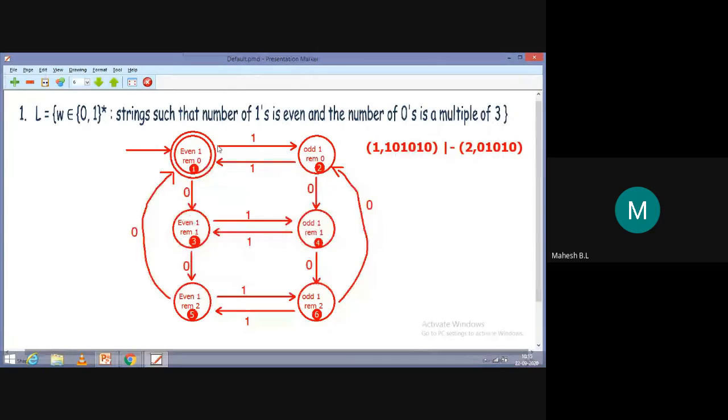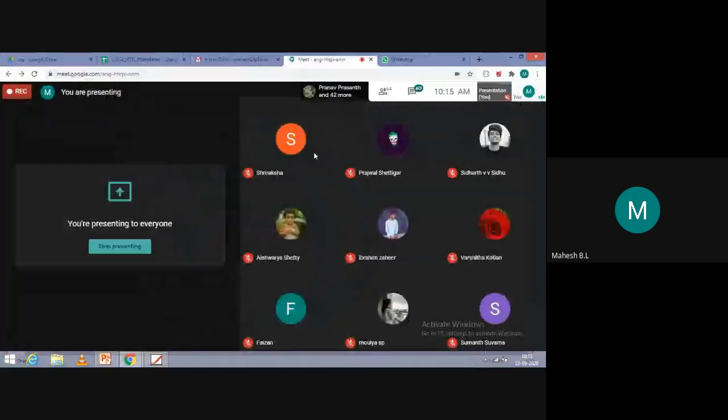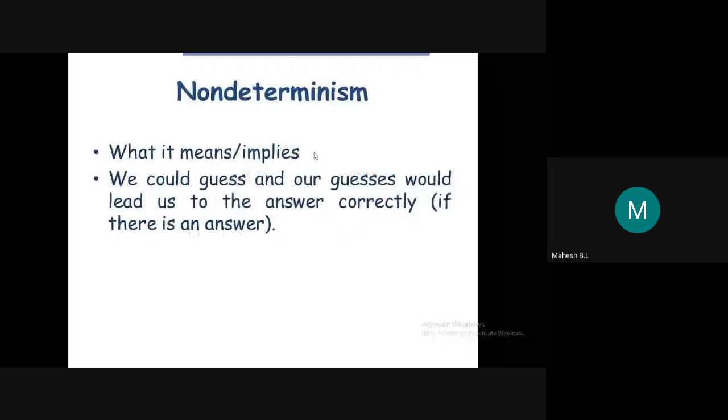Consider any state and any input symbol, there is only one transition in a DFSM, but in an NDFSM it's not like that. For one state on one input symbol, there are multiple transitions. That's why it is called non-deterministic. That's why we need to guess which transition to follow, and our guesses would lead us to the correct answer if there exists a correct answer.